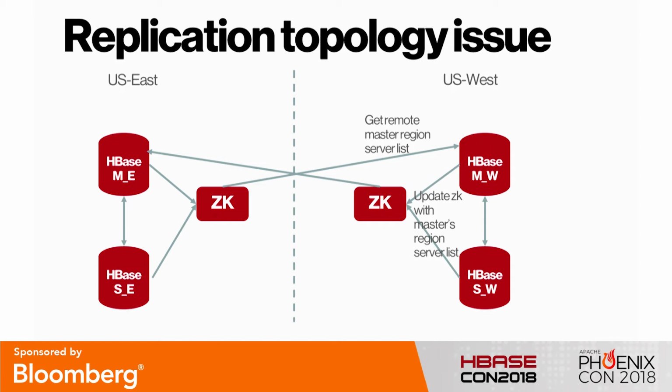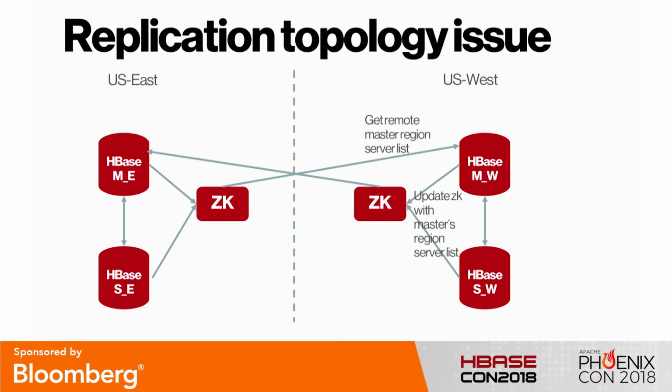Since HBase replication is based on peers, even after the region server is updated, it will continue the replication. For the inter-cell case, the master will just set up the replication to the remote ZooKeeper proxy. So we avoid the 6 links. This is still in testing, so we will have more results in the future.